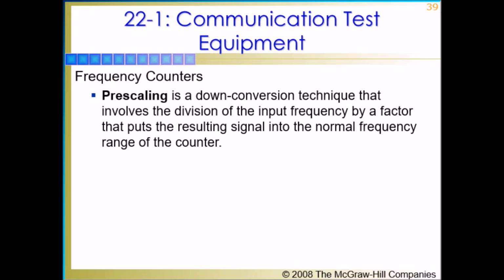It is important to realize that although prescaling permits the measurement of higher frequencies, it is not without its disadvantages, one of which is loss of resolution. One digit of resolution is lost for each decade of prescaling incorporated.